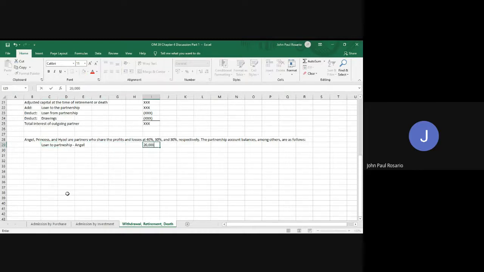What do you think? Is this an addition or deduction? Loan to partnership is a liability of the partnership. So Angel is the one who lent to them, meaning additional interest for Angel. So add to Angel.